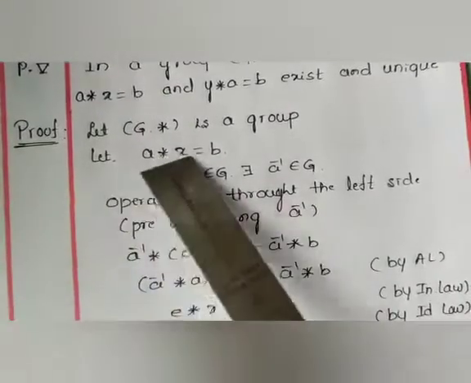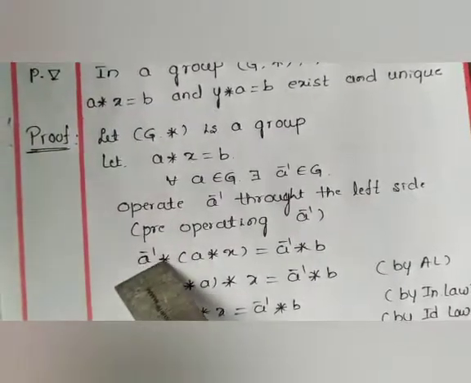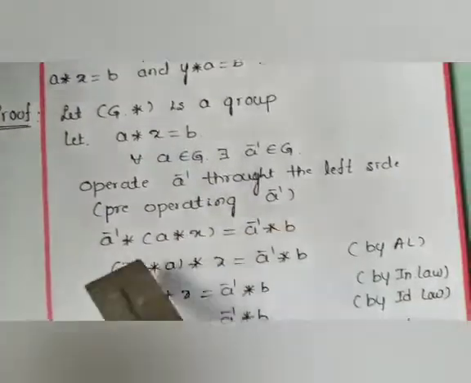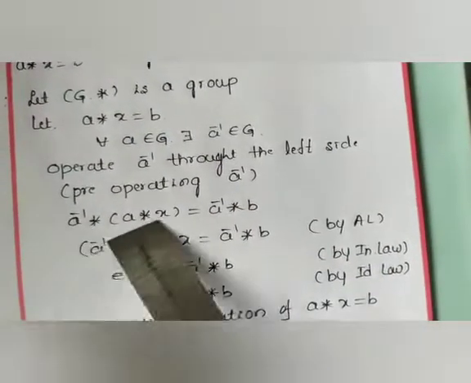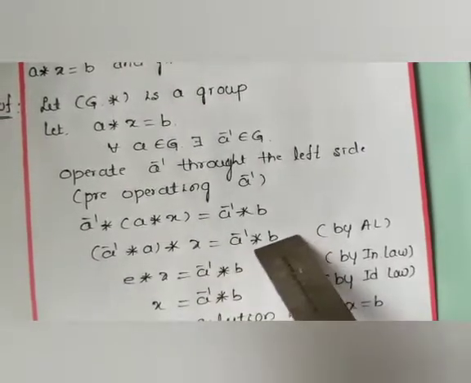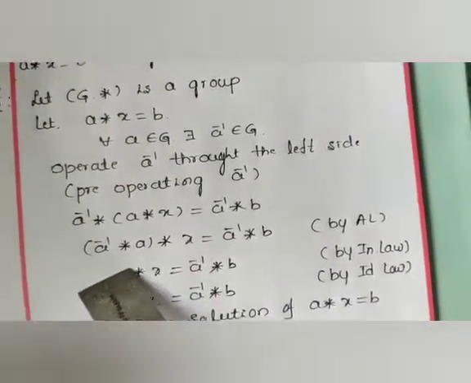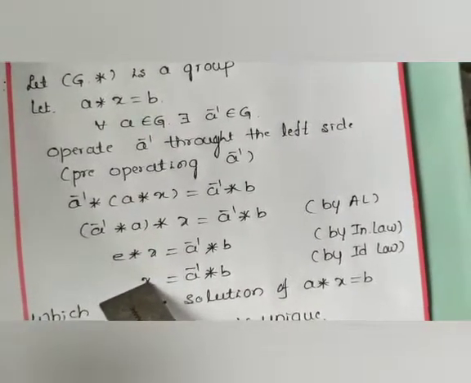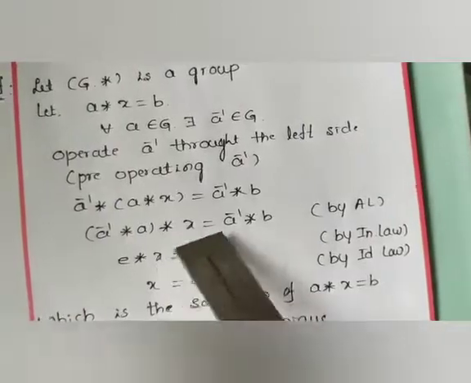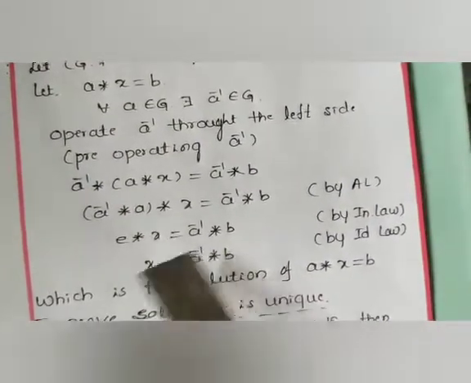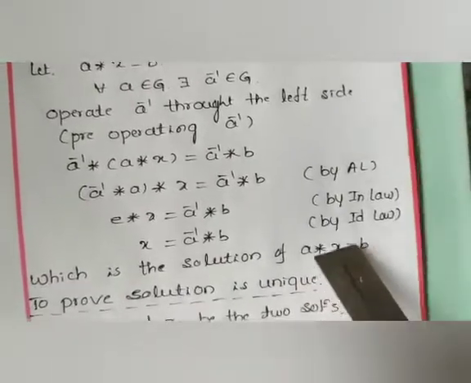So there is already A star x; I operate A inverse star A star x equal to A inverse star B. Change the bracket by means of the associative law: A inverse star A star x is equal to A inverse star B. What is A inverse star A? A inverse star A is E. What is E star x? E star x is x because of the identity law. Now A inverse star B is the x. This x equal to A inverse star B is the solution of A star x equal to B.